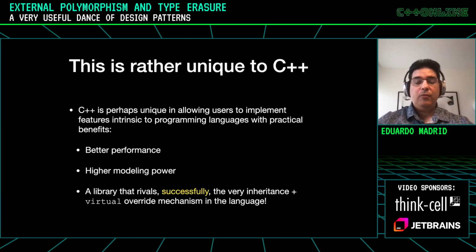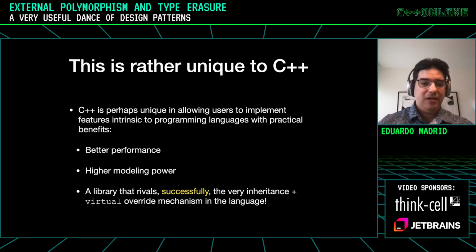The first thing that I want to say about our subject topic of today is that this is a very unique thing to C++. Basically, no other language is going to allow us to work with something as fundamental as what are intrinsic features in other programming languages.